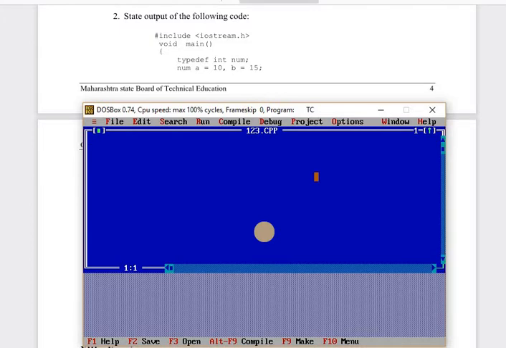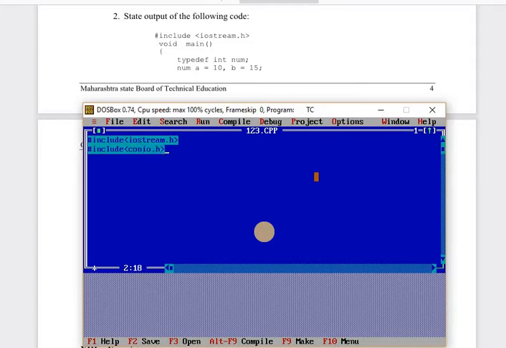So now we will find out the output of this code. So hash include iostream.h. We are going to use getch function. For that we require conio.h.